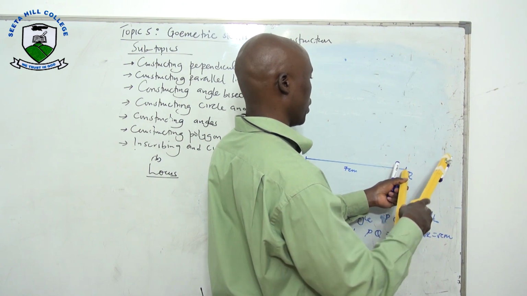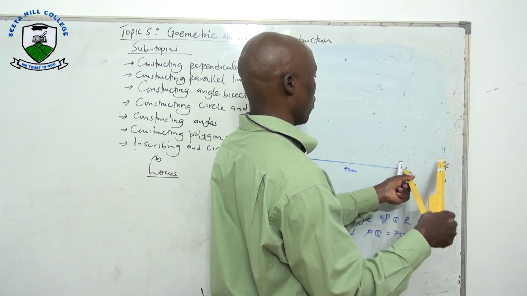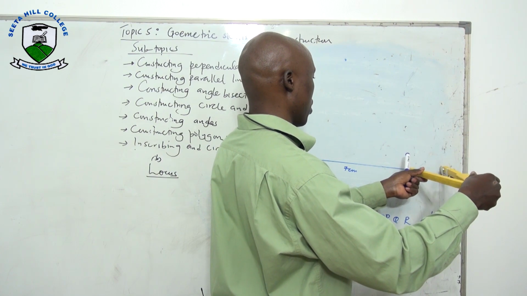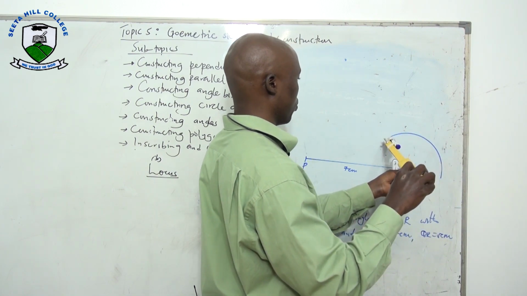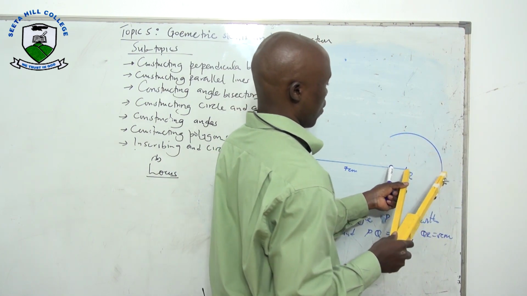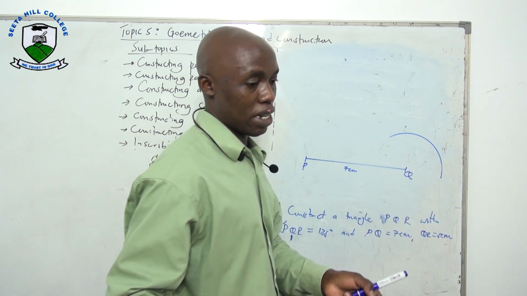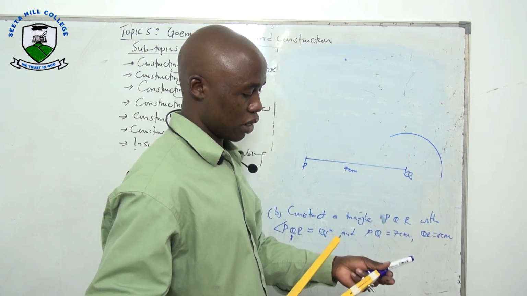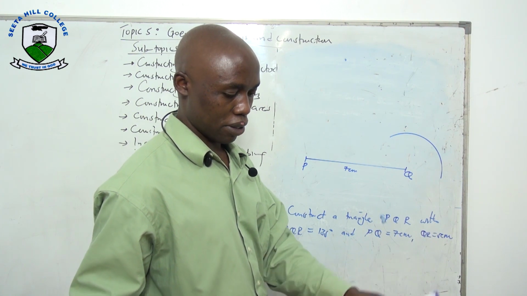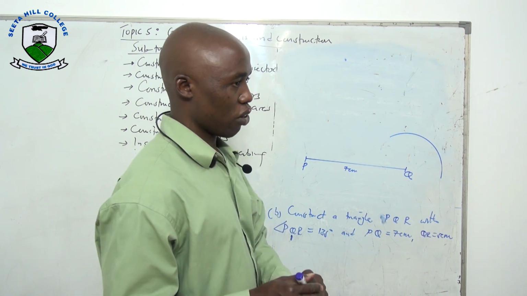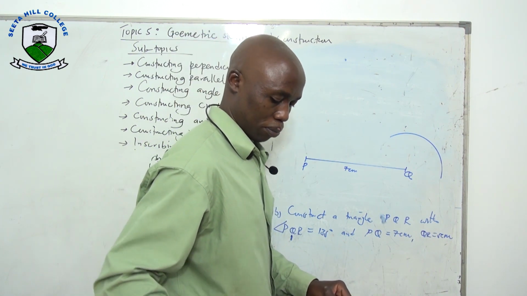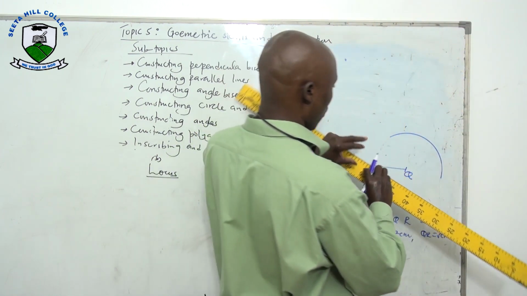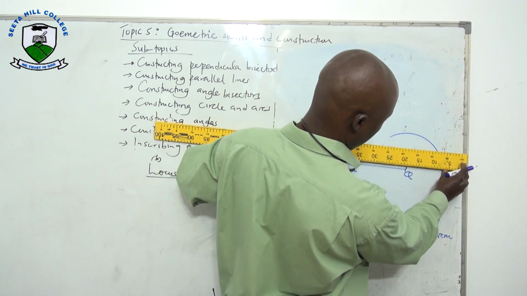That means I have to construct as usual, but you have to prolong that line first to ensure that the angle fits. Prolong it with dotted lines.